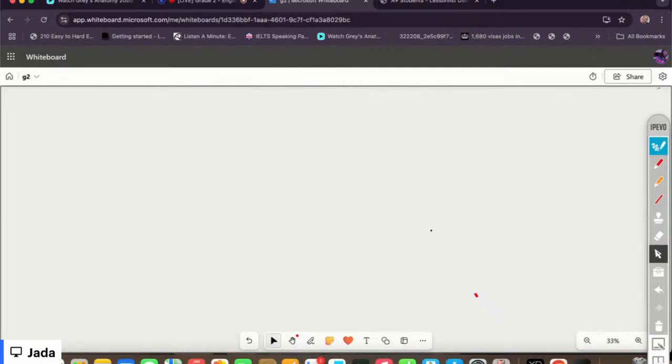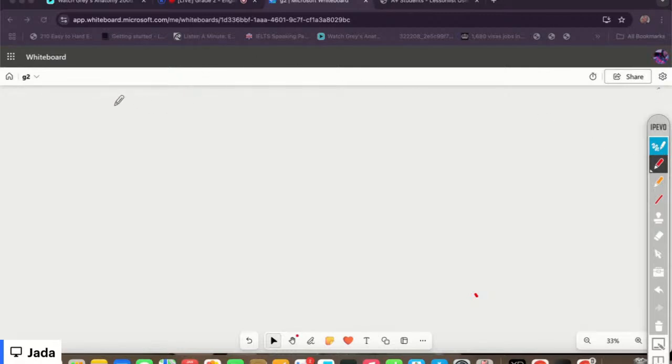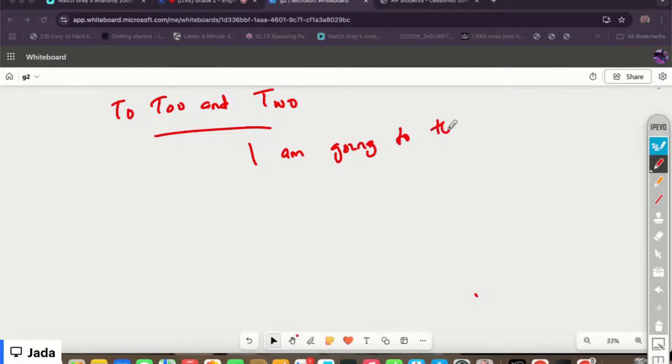So let's have some examples of homophones. So for example, we have to. We have also too and we have two. So you see that all of them sound the same. But one is I am going to the park.